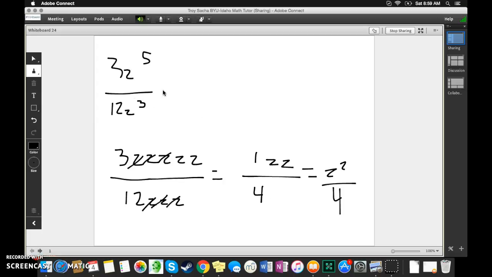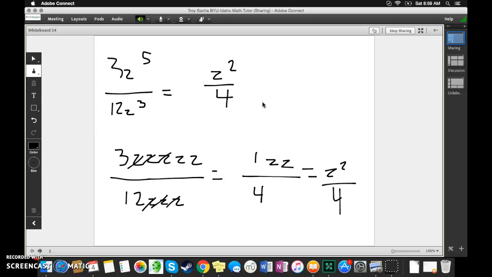If we're going to look at the top here, let's do it without writing it out. 5 minus 3 is 2, so we know we're going to have z squared, and that matches. We know for sure that z squared is going to be on top because 5 minus 3 equals 2. 12 divided by 3 equals 4. Since 12 was bigger on the bottom, the 4 goes on the bottom.